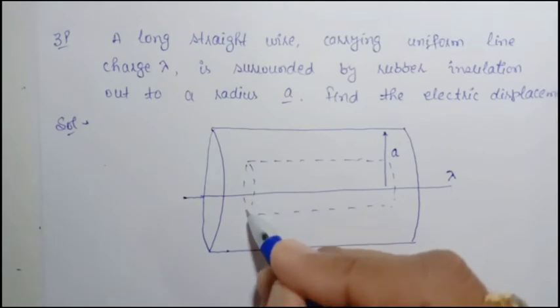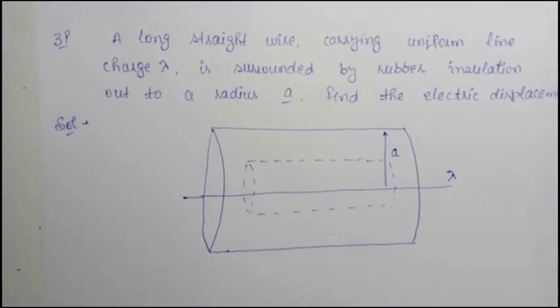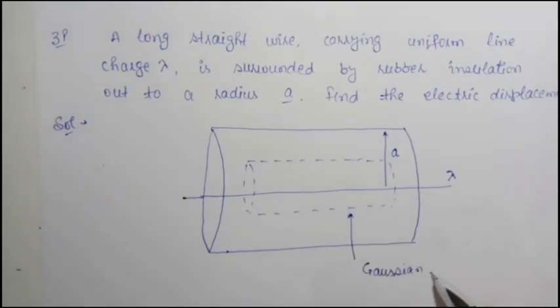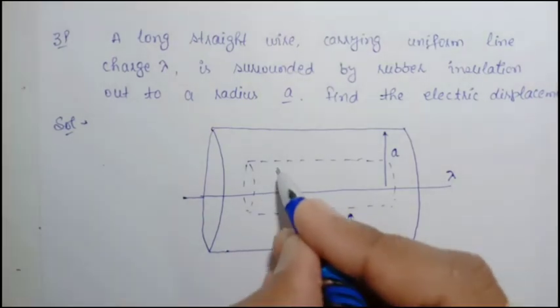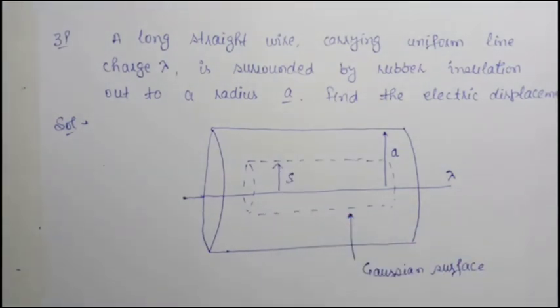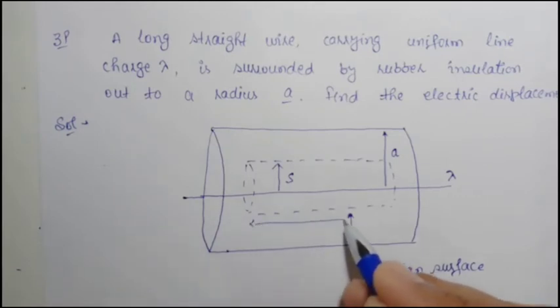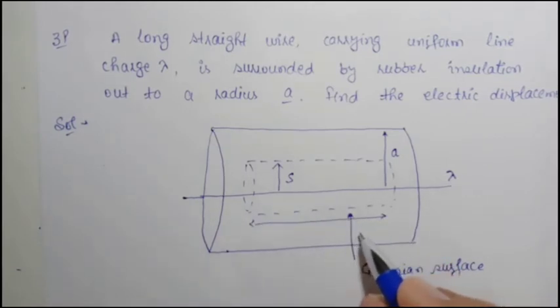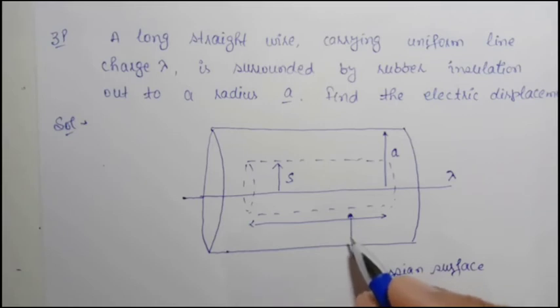So here this is a Gaussian surface, and suppose this distance is s, that is, the radius is s, and suppose here L is the length of this Gaussian cylinder.